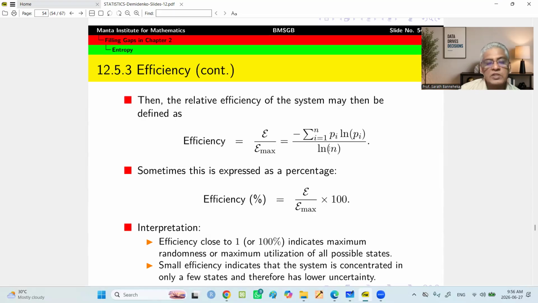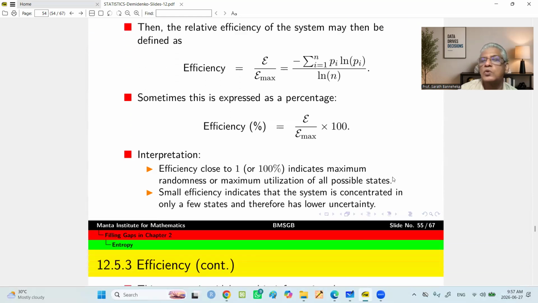So how do we interpret this efficiency or relative entropy? It's going to be between 0 and 1, so it's easy to compare two systems. Efficiency close to 1 indicates maximum randomness, 100%. That means the entropy of the system will be equal to the maximum entropy possible for that system. So it's 100% maximum randomness, or maximum utilization of all possible states.